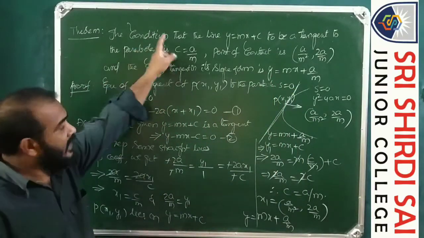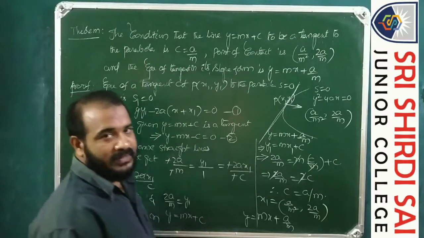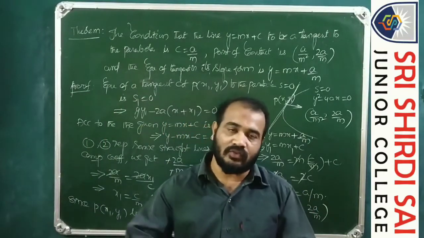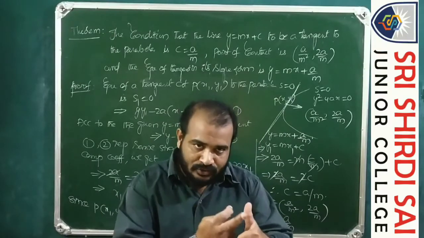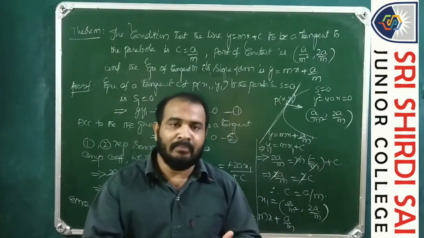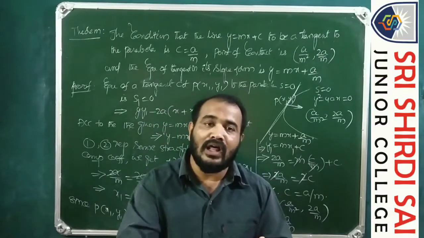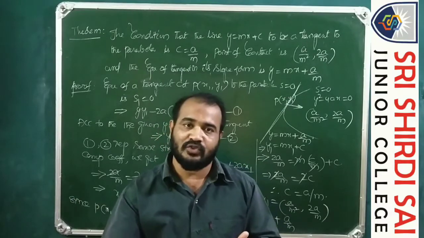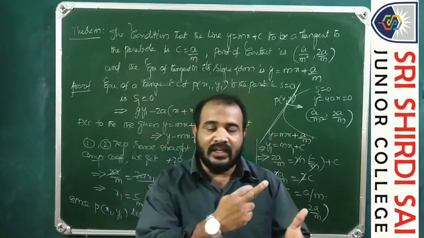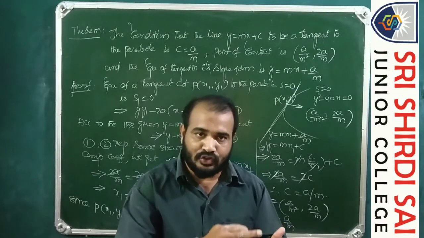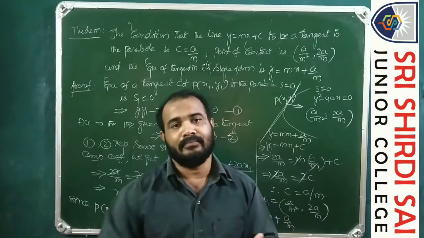So the condition that the line y equals mx plus c be a tangent to the parabola y square equals 4ax at point P(x1, y1) is c equals a by m. (a by m square, 2a by m) is the point of contact of the line y equals mx plus c and the parabola, and the equation of the tangent in its slope form is y equals mx plus a by m.